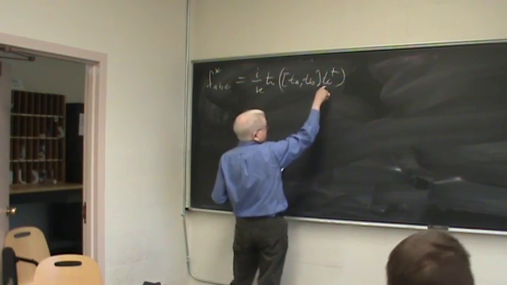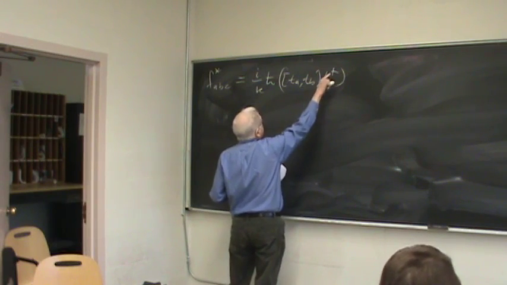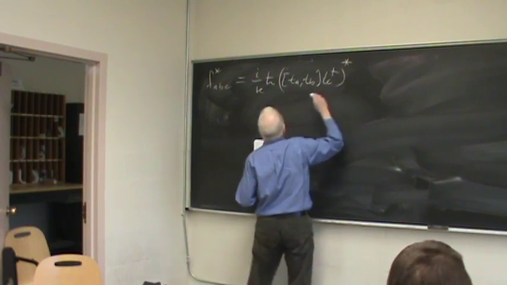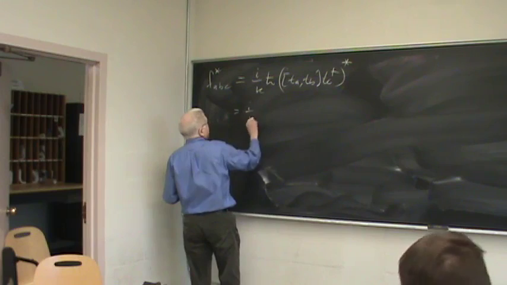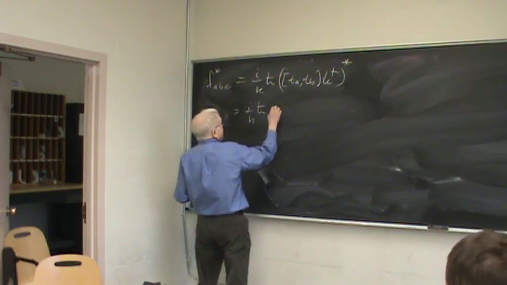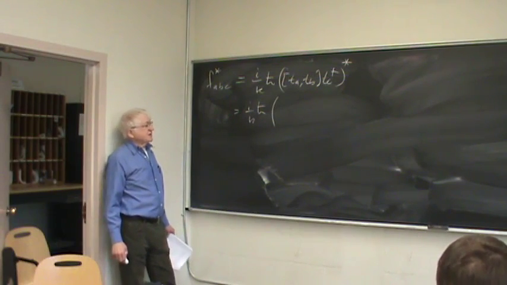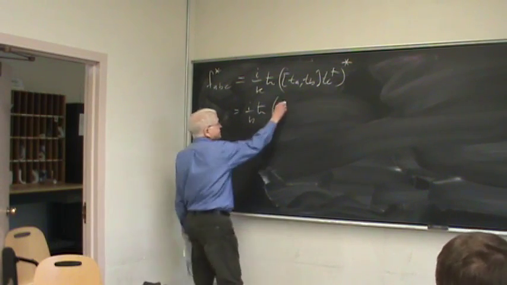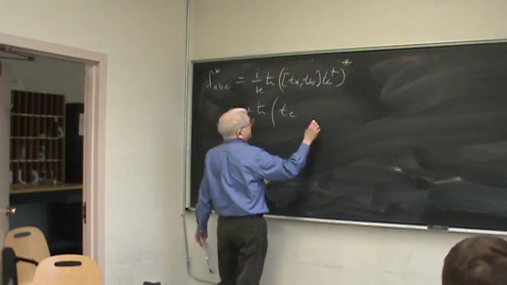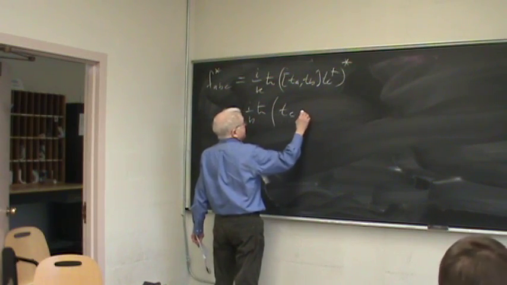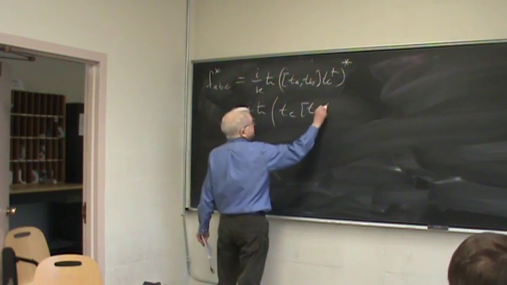But it's Hermitian, so we can forget the dagger, and we're taking the complex conjugate of that. And when you take the complex conjugate of a trace of something, you change the order, and this becomes T_B, T_A.